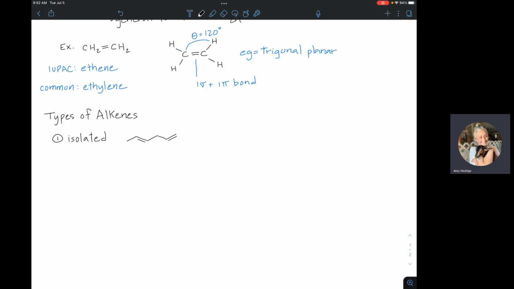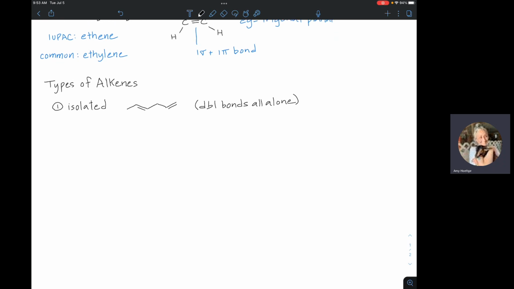Where they're not right next to each other and they're not every other bond. So in other words, you have double bonds, but they're all alone, essentially, in their spots on the molecule. And we'll go into why that matters when we get into reactions.